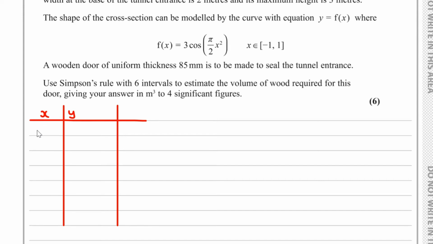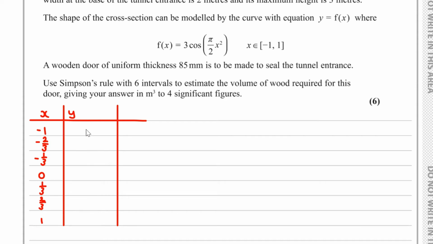We start off with -1, and then if we add on 1/3, well, the next value is -2/3, then we have -1/3, and then we have 0, 1/3, 2/3, and then 1. So here we have 6 intervals.